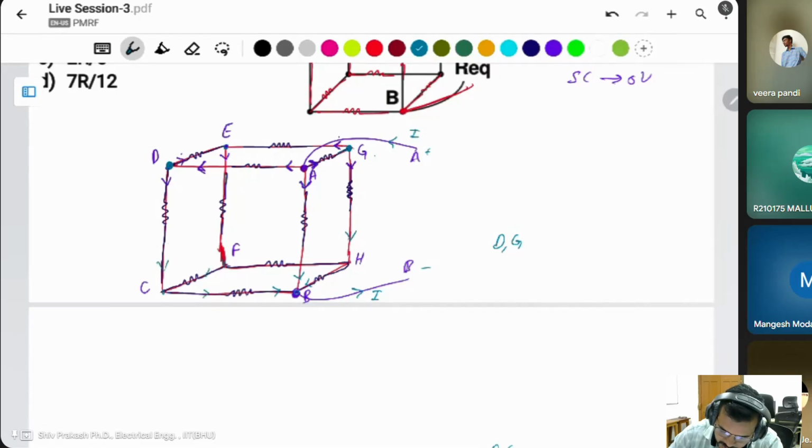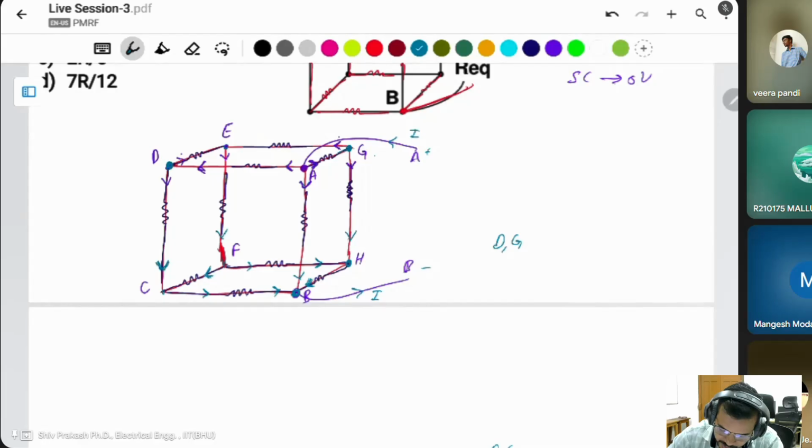It means this current is incoming current, also incoming current from here. From here it divides into two parts, this one and this one. It means at the B point, the incoming current is two parts and outgoing is single.